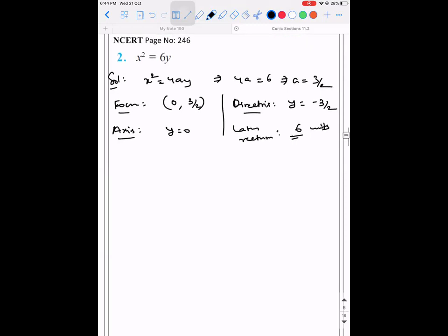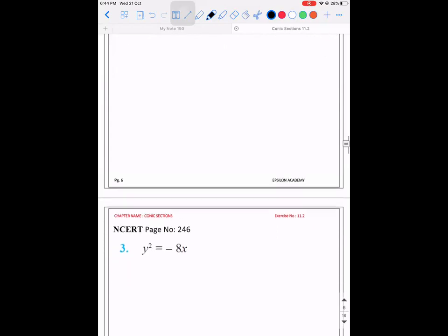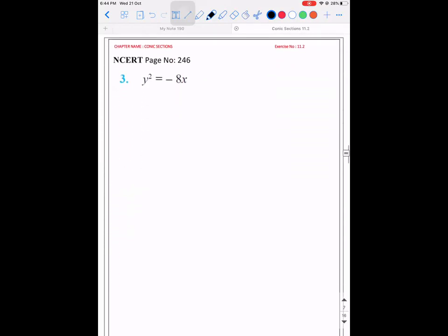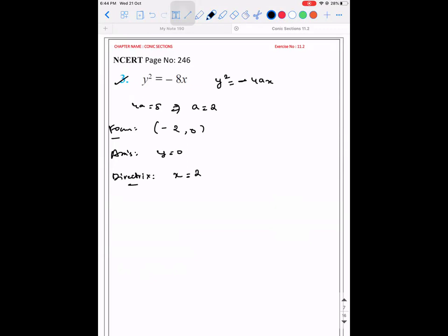Moving on to the next problem. So y square is equal to minus 8x. So y square is equal to minus 4ax. 4a will be equal to 8. Focus is minus 2, comma 0. Axis: y is equal to 0. Directrix: x equal to 2.